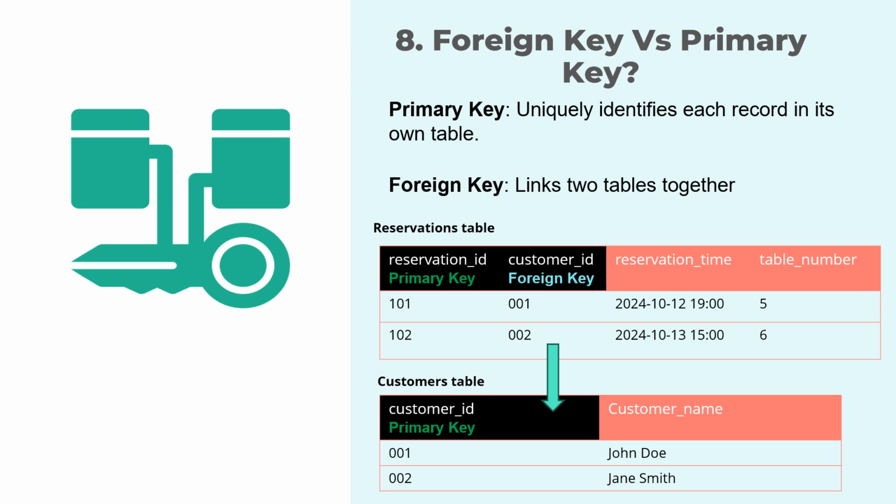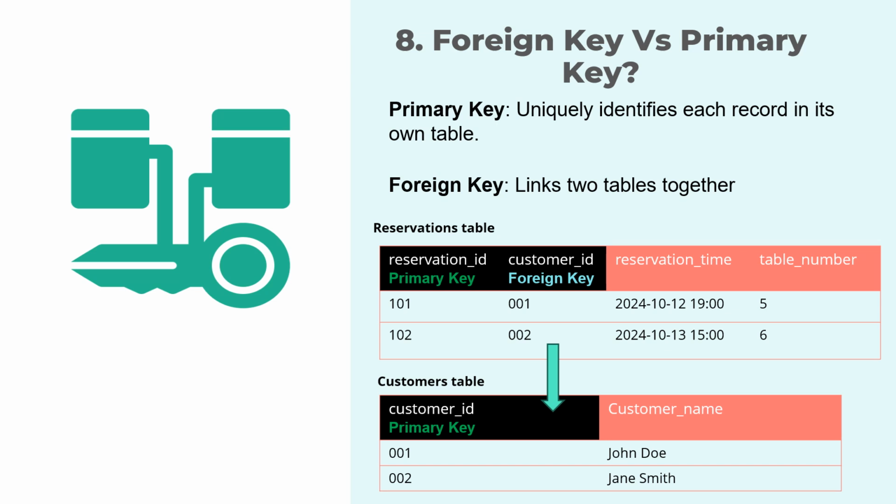Number 2. Foreign key. A foreign key links one table to another. It ensures that data in one table relates to valid data in another. In the reservations table, the customer ID is a foreign key that links to the customers table. The customer ID in the reservations table connects each reservation to a specific customer.